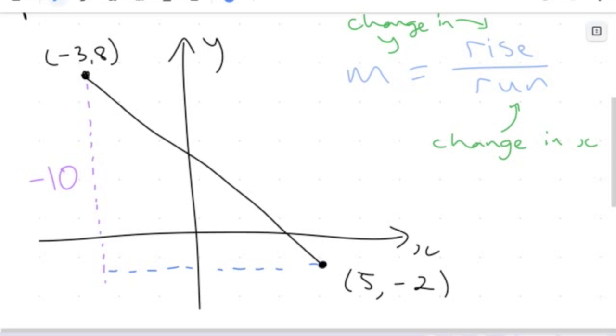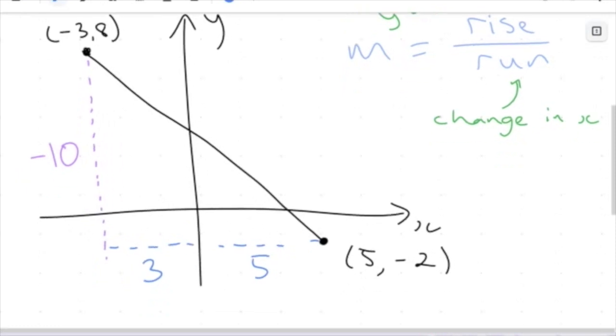So I've gone from -3 to 0, that takes me 3 units along, and another 5 units from 0 over to x being 5. So my total distance here, I've gone 3 and an additional 5. So I have gone 8 units. I've run along 8 units from this point to this point.